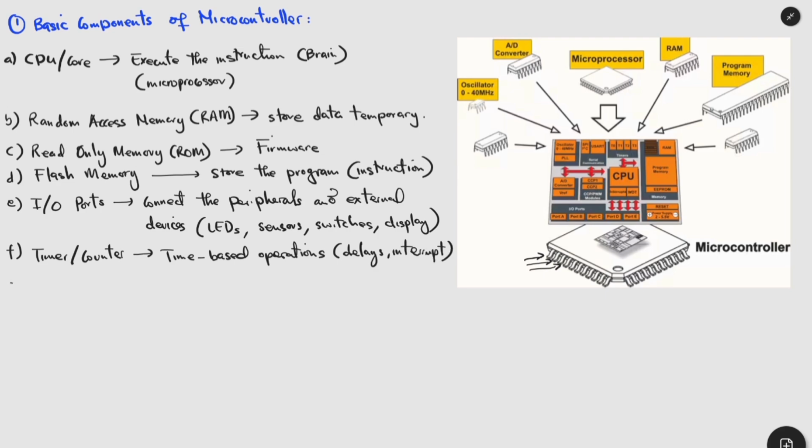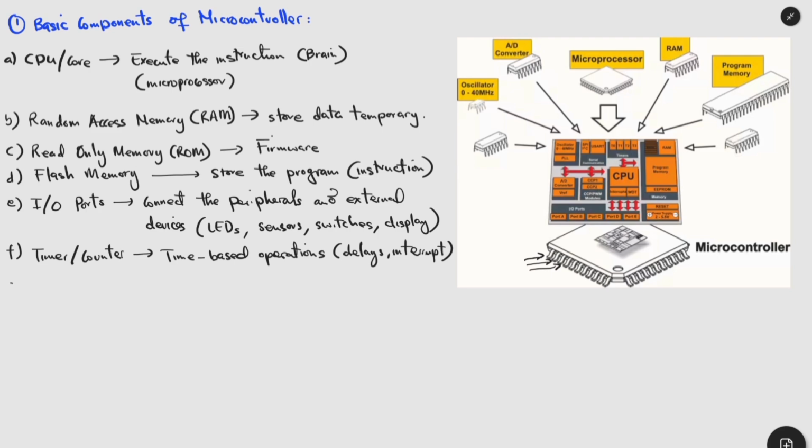If you want to delay the instruction to be performed inside a microcontroller, then you will use a delay. And if you want to interrupt the program or the instruction in a microcontroller, then you will use the interrupt function. So the counter and the timer are a set of functions available in a microcontroller, and they play an important role in how the instruction is executed inside the microcontroller.